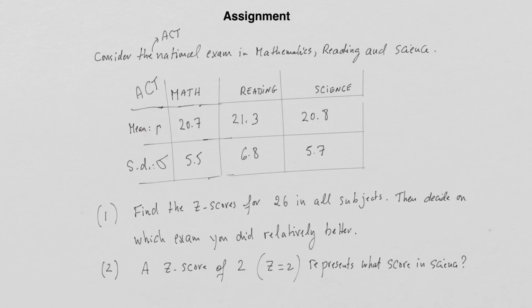The mean, remember it's mu, not x bar, because this is everybody who took the exam. The mean for the ACT is 20.7 for math, 21.3 for reading, and 20.8 for science.